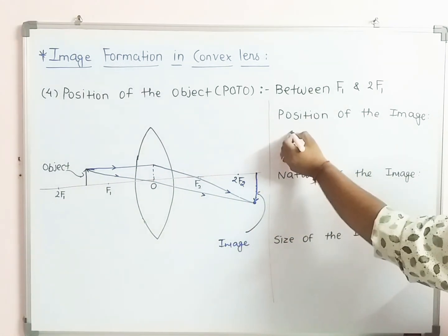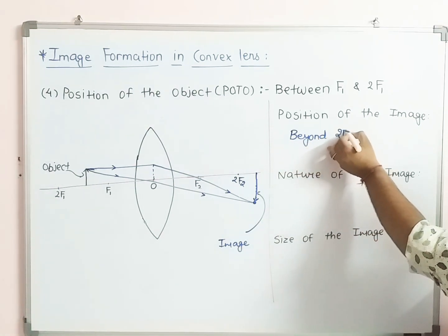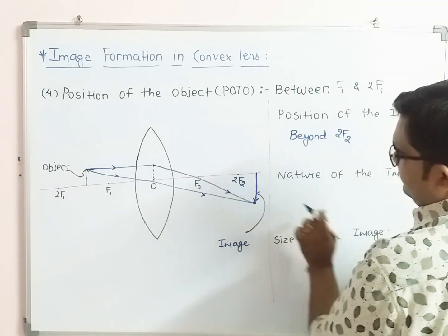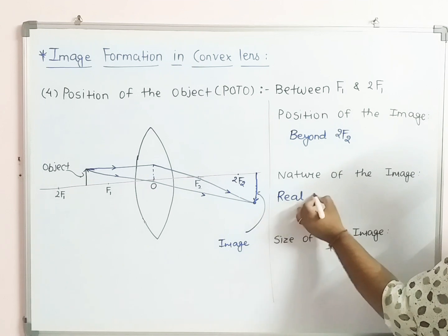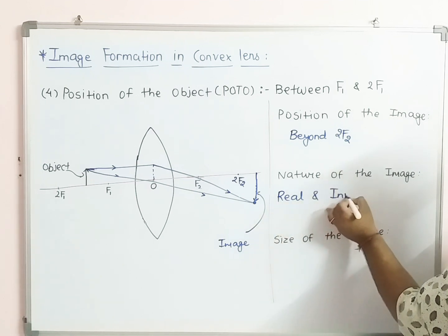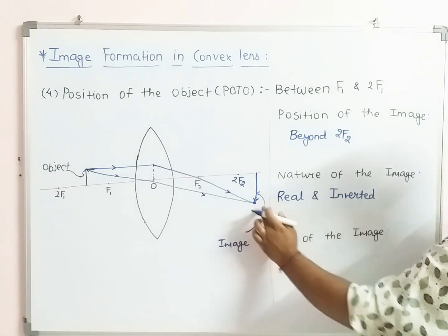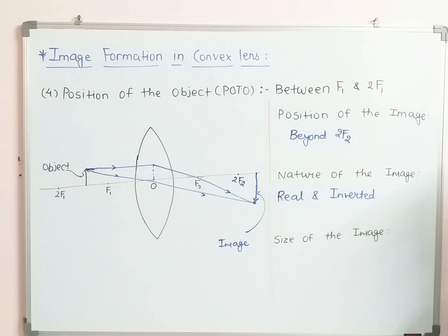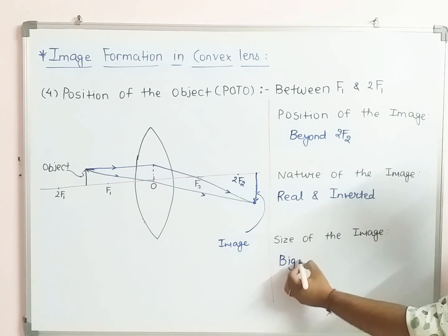In short, we can say that it is beyond 2F2. Now, nature of the image. So here it is real and inverted, and size of the image. So it is bigger than the object. So here we can write bigger than the object.